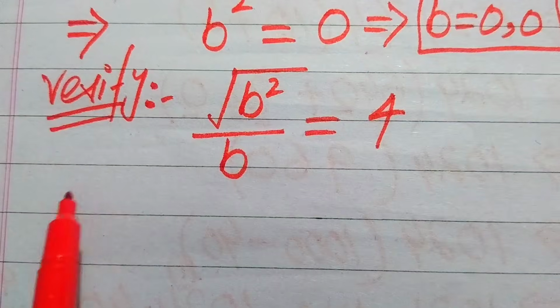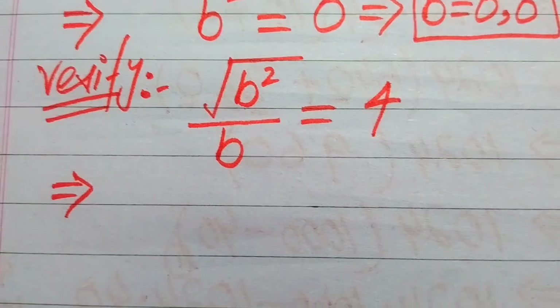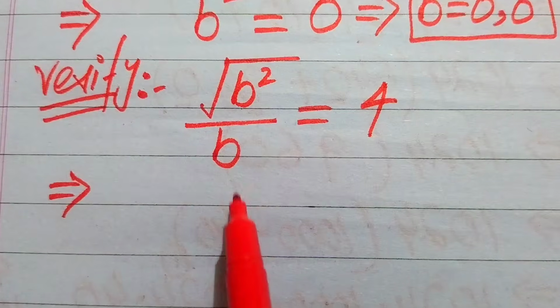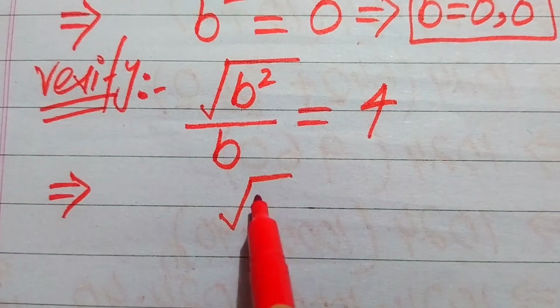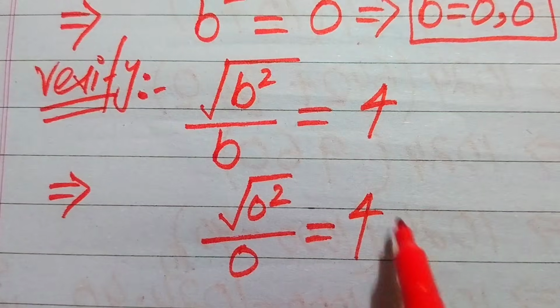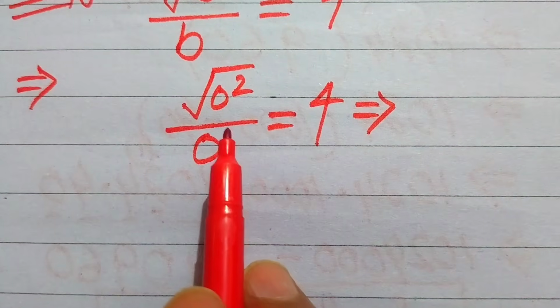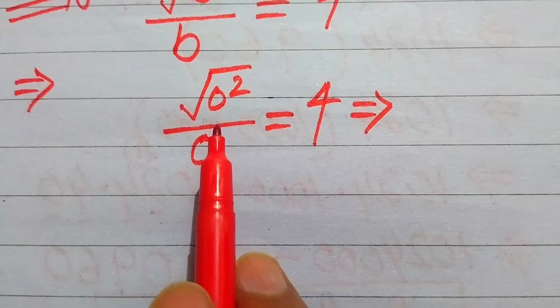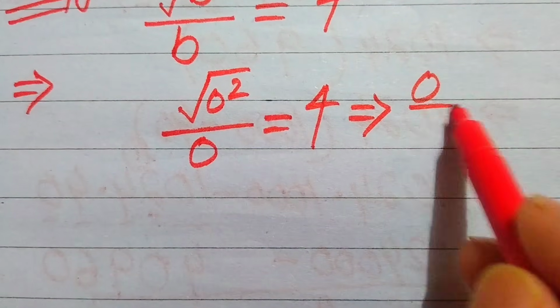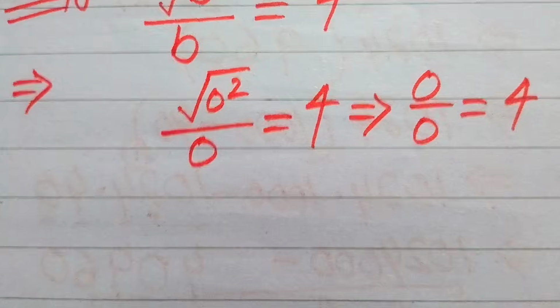Here we substitute the value b equals 0 into the left-hand side and check its behavior. When we put it here, it becomes square root of 0 squared divided by 0 is equal to 4. And 0 squared becomes 0, and the square root of 0 is also 0, so this becomes 0 over 0 form is equal to 4.